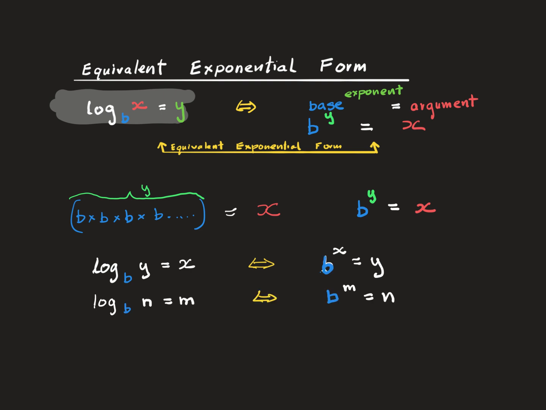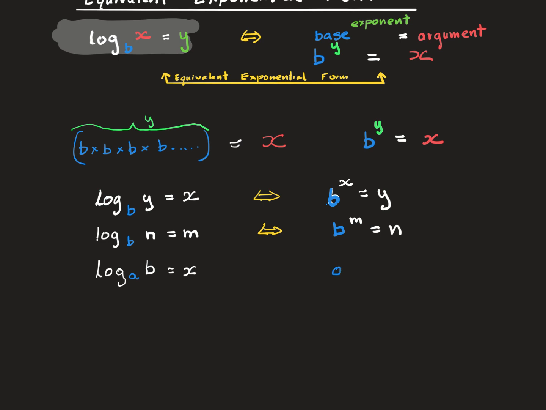Because I have seen books where they use values of n and m, which translates to b to the exponent m is equal to n. Also, I have seen textbooks which used a to denote the base and followed by x is equal to b.